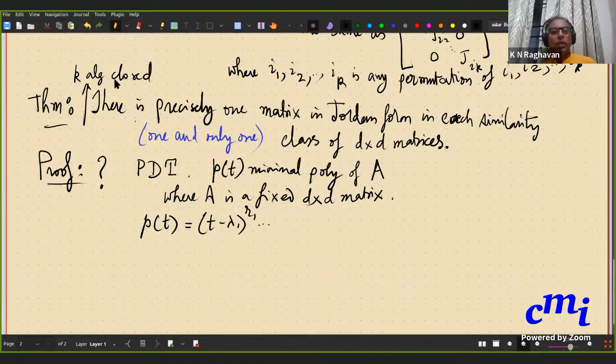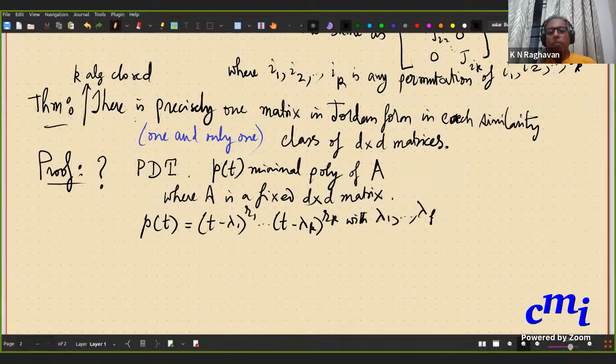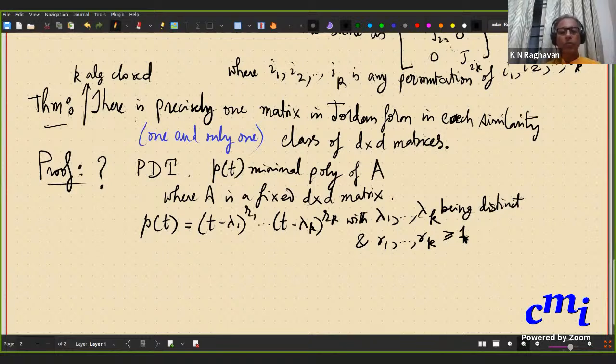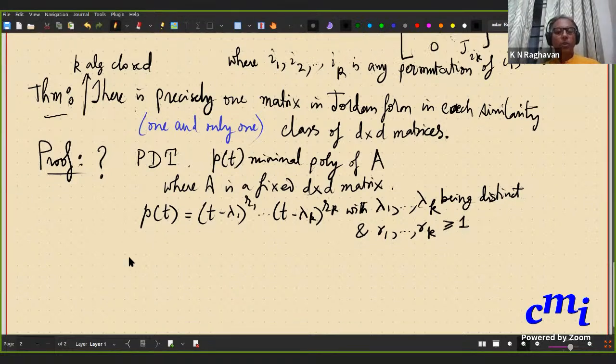Here I'm using that K is algebraically closed, with lambda 1, ..., lambda K being distinct, and R1, ..., RK bigger than or equal to 1. Okay. Then what does the primary decomposition theorem tell us?